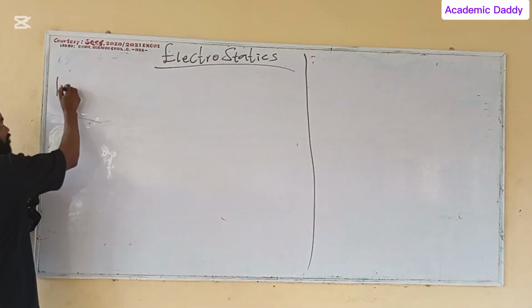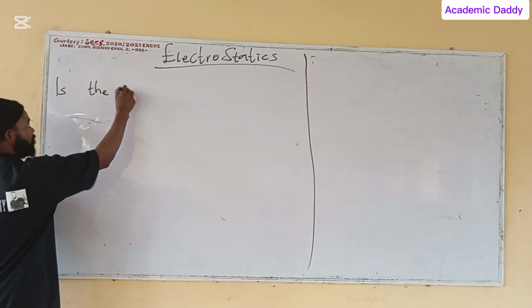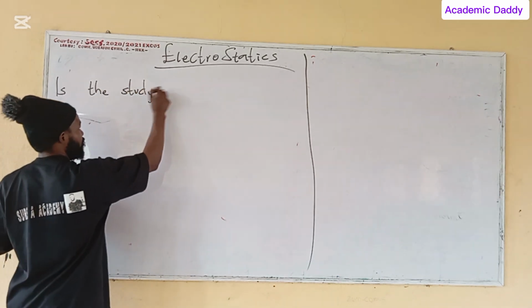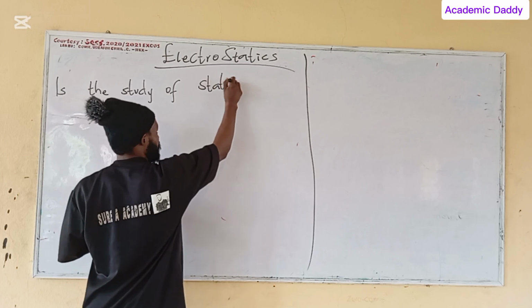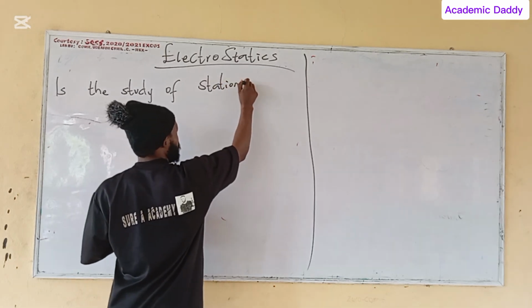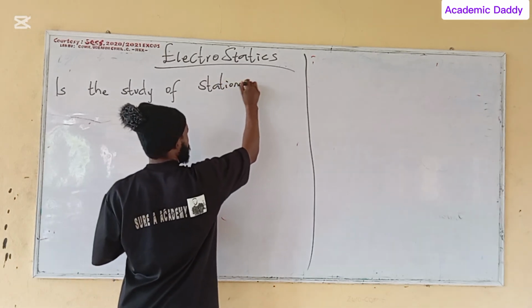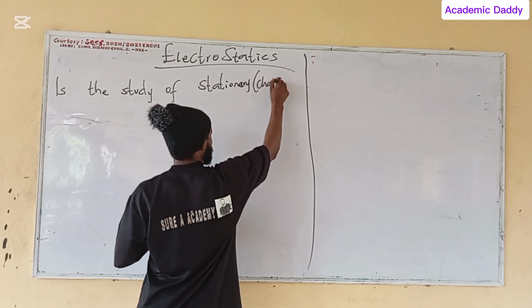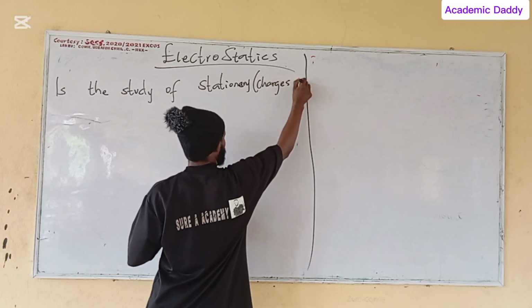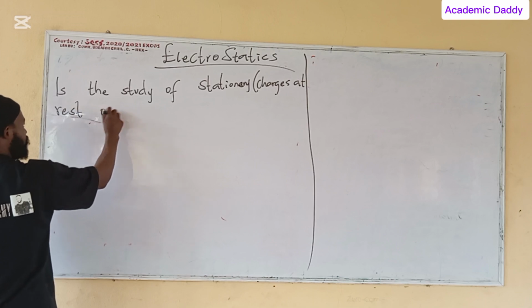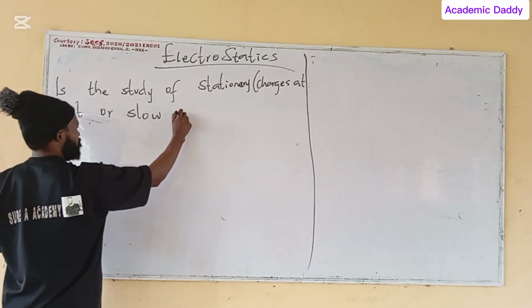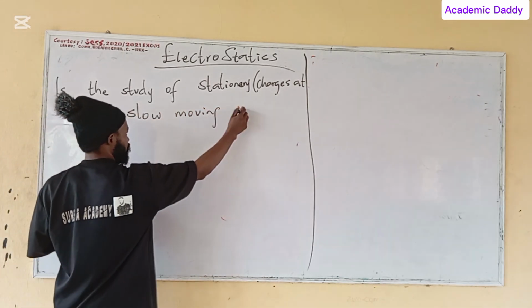Another name for stationary is charges at rest or slow-moving charges.